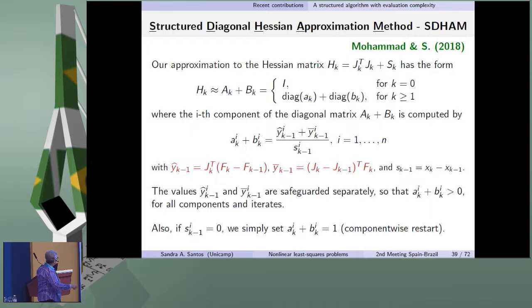So here we have a kind of secant and spectral flavor. In this case, this is probably going to be non-negative, this may be negative, but we have to be sure that the sum is positive. So if we safeguard them together, then we are just controlling the combination. So we are taking care of the secant structure that is behind the formulas.